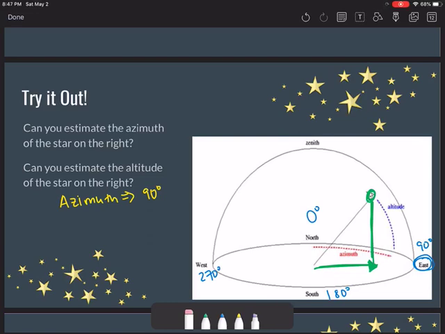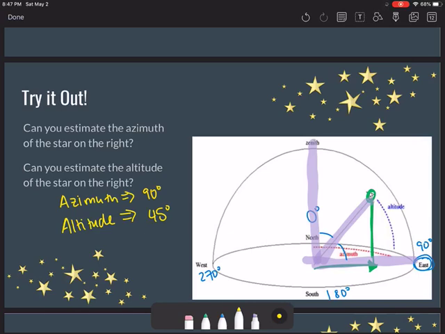When I'm looking at my altitude, my altitude is how far I am looking up. Straight above my head is 90 degrees, straight flat is 0, and that looks pretty smack dab in the middle between 0 and 90. So I might say my altitude is 45 degrees.